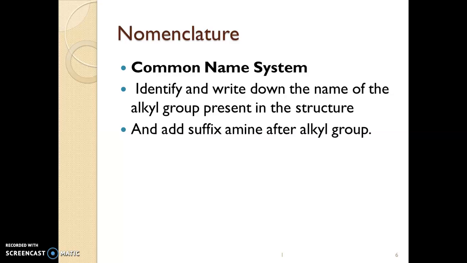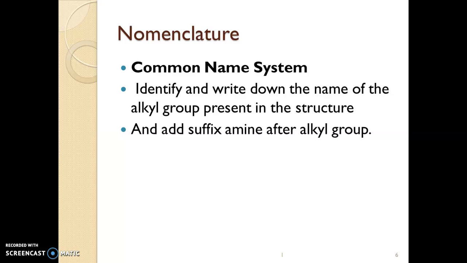Next is the nomenclature system for aliphatic amines. As we all know, there are two systems, the common name system and the IUPAC system. So first we'll see the common name system.